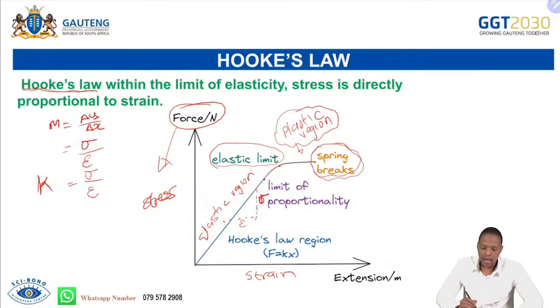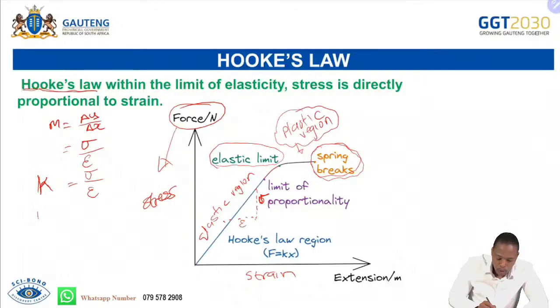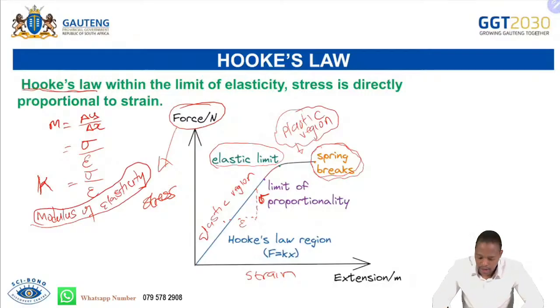And that is the gradient of the Hooke's law graph, or the graph of stress versus what? Strain. The gradient there, when you are checking the change in y values over the change in x values, gives you the modulus of elasticity. This is a value that can be calculated, Grade 12.